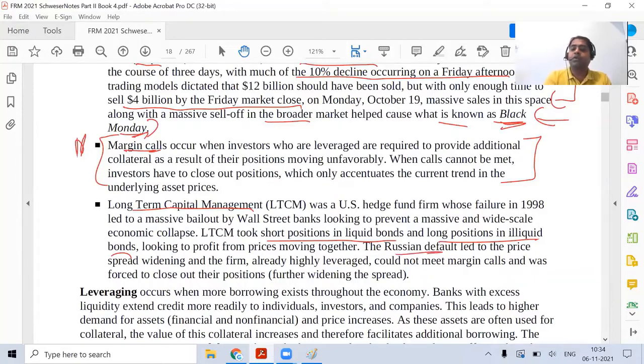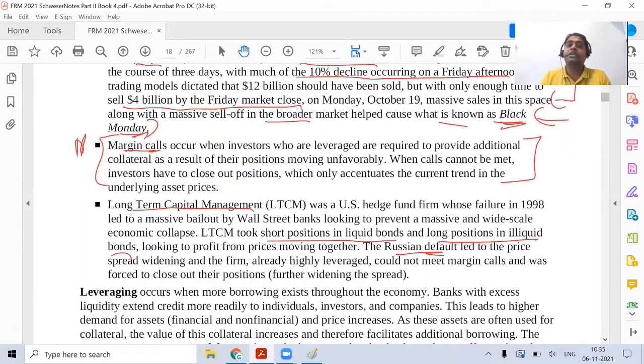But when Russia defaulted, it created high risk in the market, volatility increased, and wherever they had taken positions, things happened in the opposite way, and they started losing money. Their position was highly leveraged; not just accounting leverage, there was also economic leverage, which we have already seen in level 1.